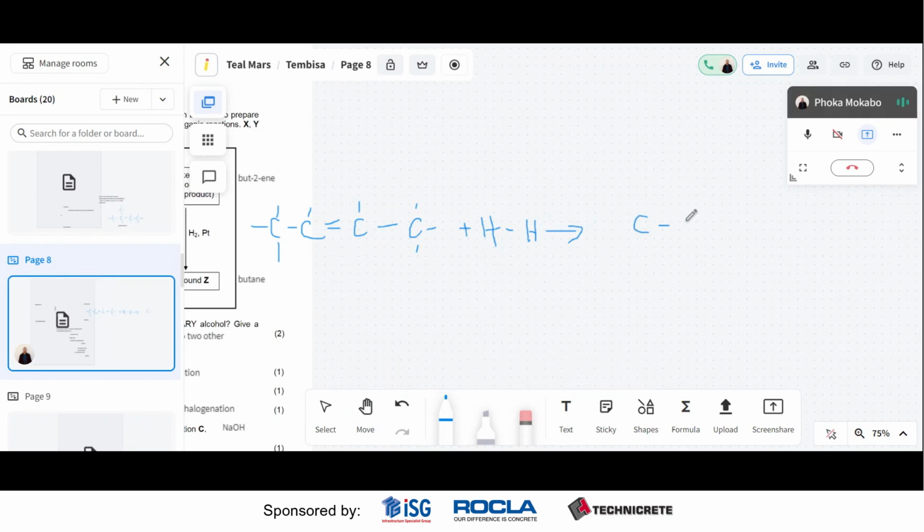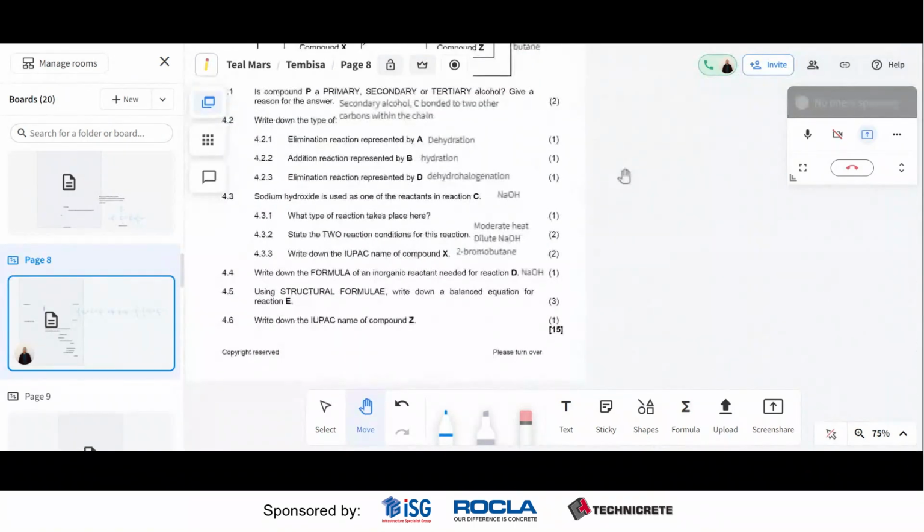Butane, to be specific, like we had said earlier on. 1, 2, 3, like that, ensuring that all the carbons have indeed 4 bonds between them. And that would be butane. And that would be the answer to 4.5.